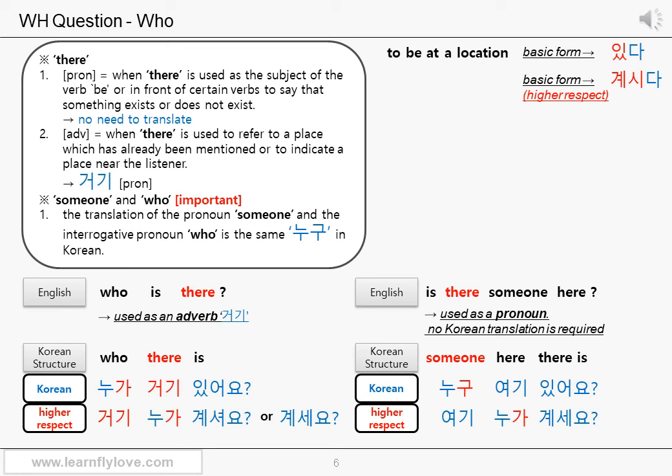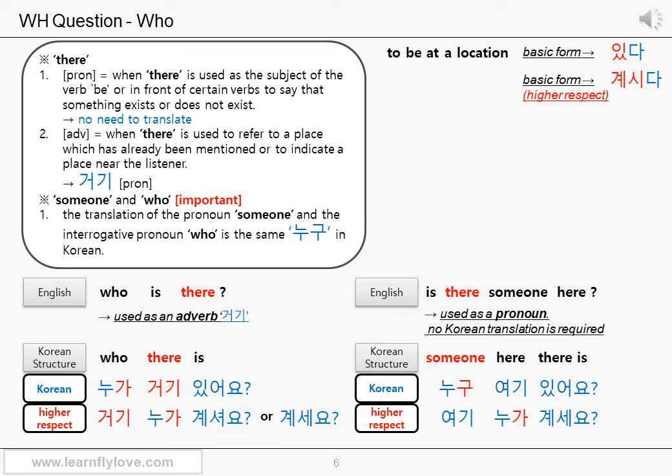Let's see the next example with the pronoun someone. Is there someone here? We added the adverb here deliberately to compare. The translation of the adverb here is 여기. And the adverb there is 거기. Is there someone here?